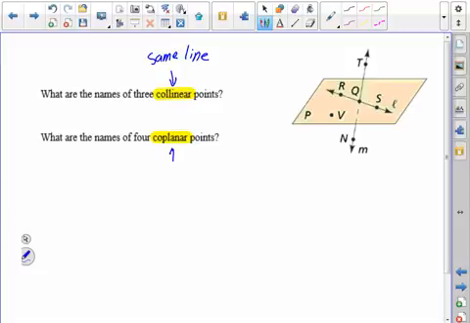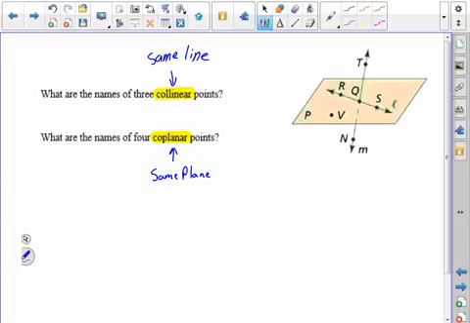And coplanar, again, the prefix co means together, means that I have things that are on the same plane. So there's a couple of vocabulary terms that we want to make sure that we understand.